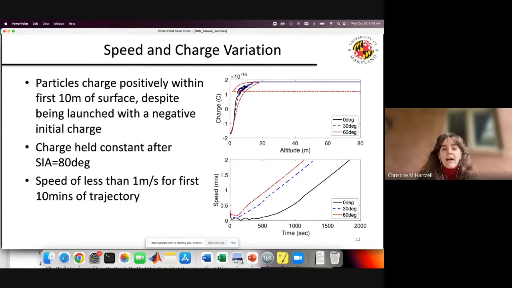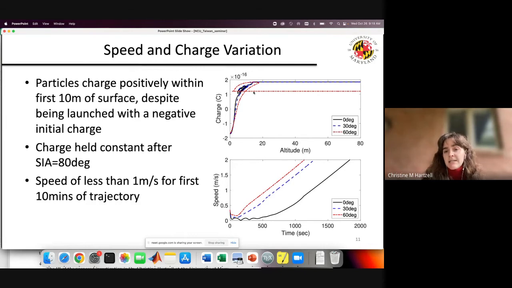We can also look at how speed and charge vary with that particle. We see that particles are lofted again with these very slow speeds, and then they're accelerated due to that solar radiation pressure pushing the particle away from the asteroid. We also see that the particles are lofted initially with a negative charge, but relatively quickly become positively charged.